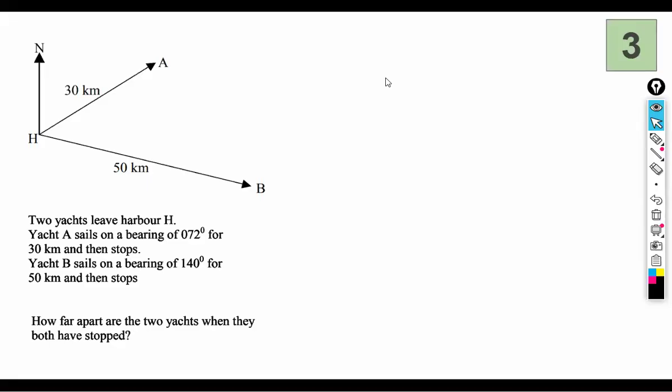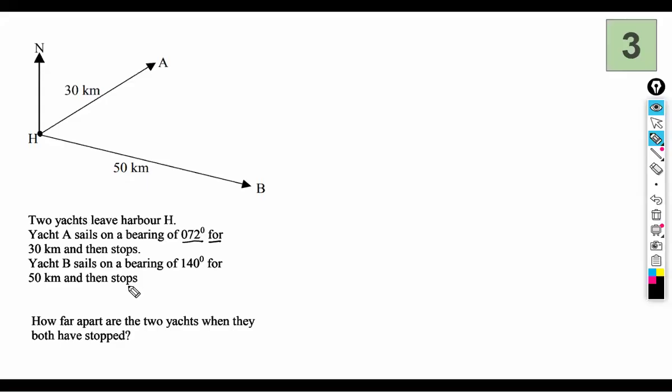All right, so let's see if people got the measurements correct. 2 yachts. Okay, so H is for the harbor. So the boats left the harbor. So I guess the starting point was the harbor, H. Yacht A sails on a bearing of 72 degrees, 30 kilometers.